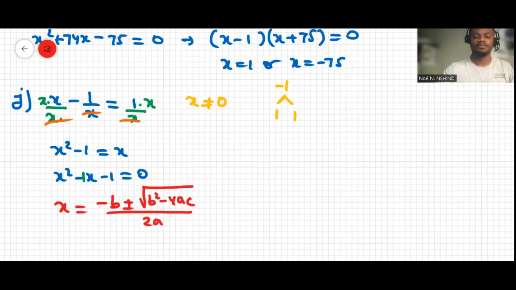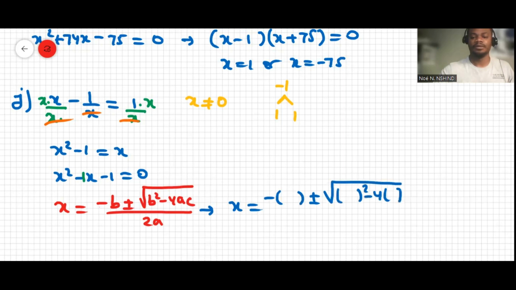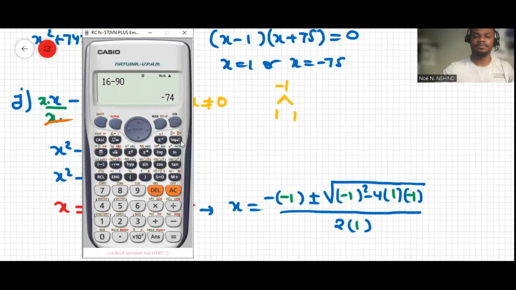Okay, that's the formula. Now x equals negative b, plus minus square root of b squared minus 4a and then c, all over 2a. Now we can sub in: b here is negative 1, negative 1 squared, a is 1, c is negative 1. We can use a calculator.